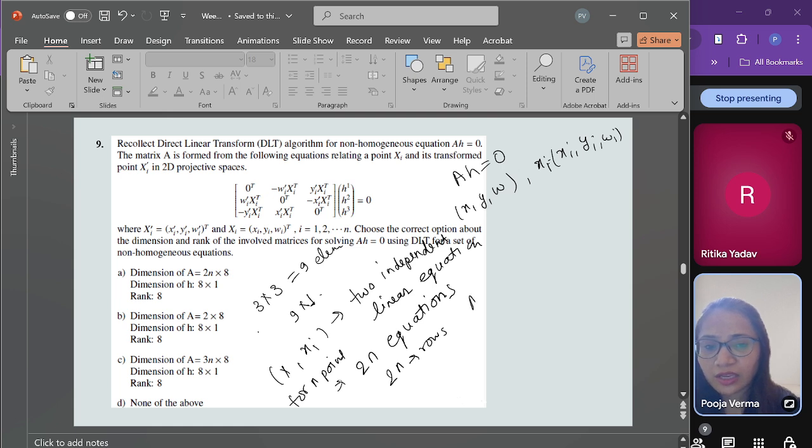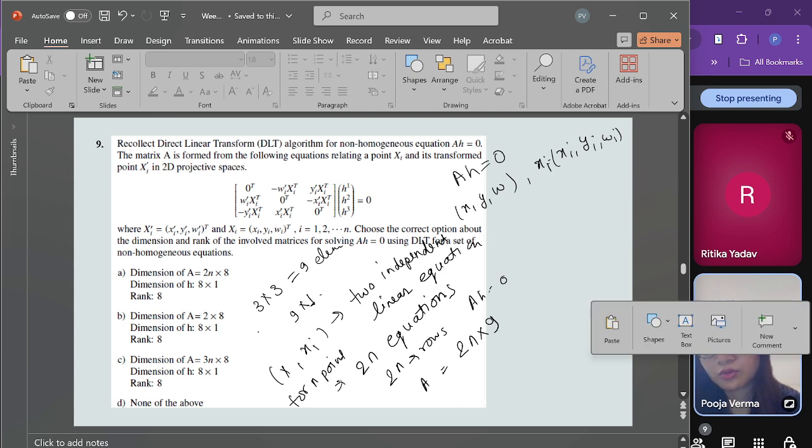Since AH is equal to 0 and H is 9 cross 1, A must have 9 columns. Therefore the dimension of A would be 2n into 9, right? But here we can define not exactly 9, because how many variables will there be in total?